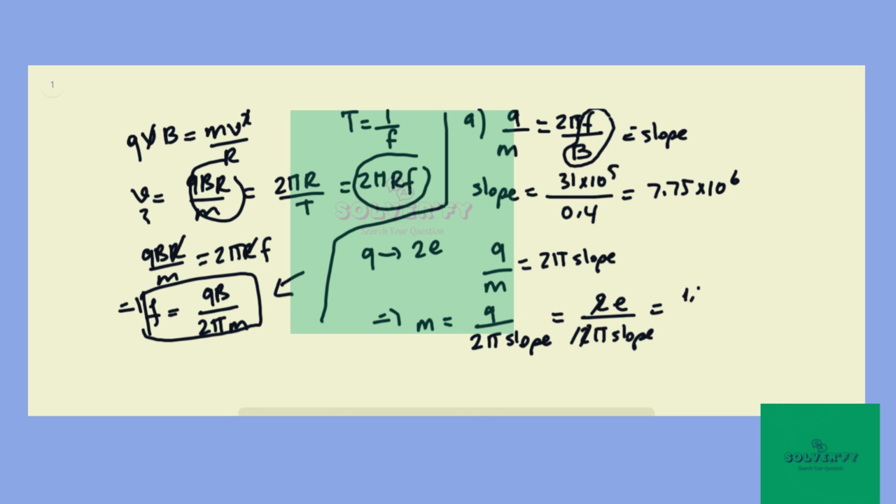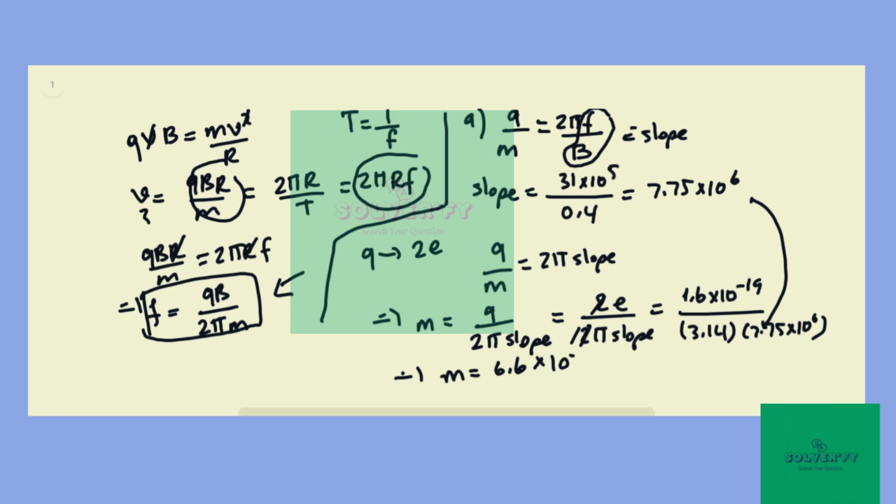What we have is 1.6 times 10 to the power negative 19 divided by 3.14 and this value here, 7.75 times 10 to the power 6. If we did that, then the mass would come out to be 6.6 times 10 to the power negative 27 kilograms. This is close enough, right? Considering that an alpha particle has 4 protons, almost 4 times the mass of a proton.